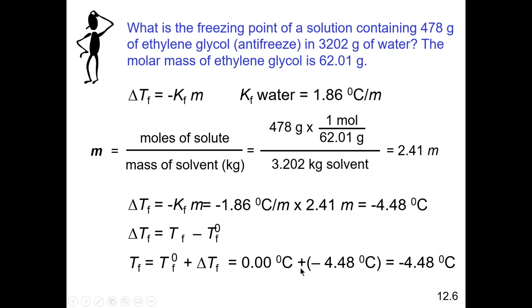We add that to the change in the freezing point, which is minus 4.48, and that gives you the answer here, which is minus 4.48 degrees Celsius. So that's just an example of how to calculate the freezing point depression of a solution when you add a certain amount of solute to it.